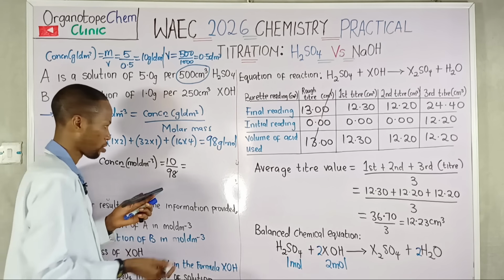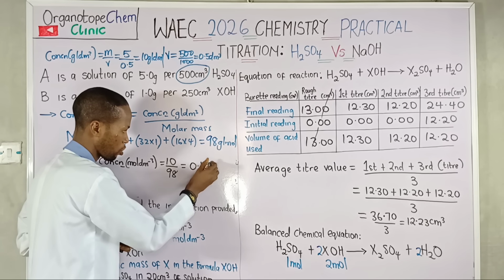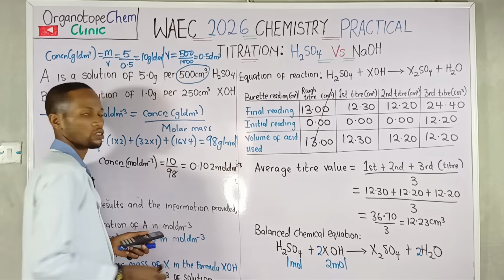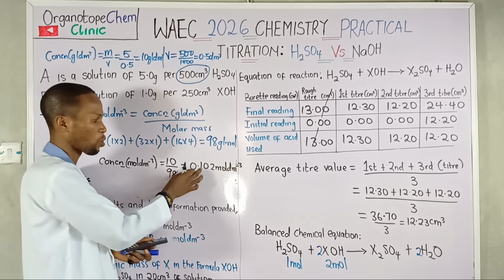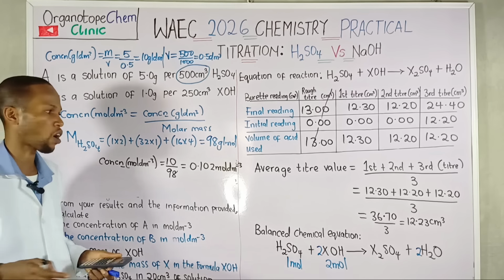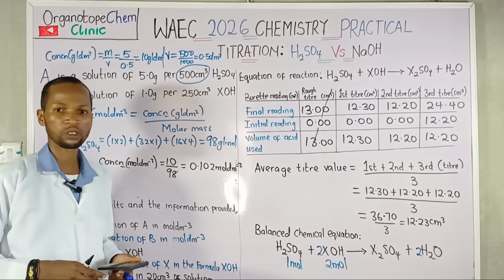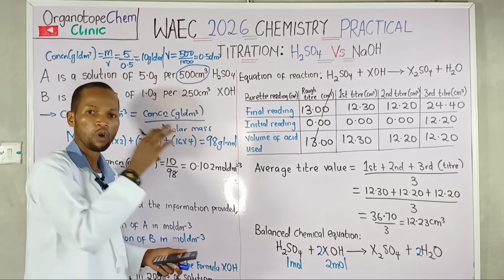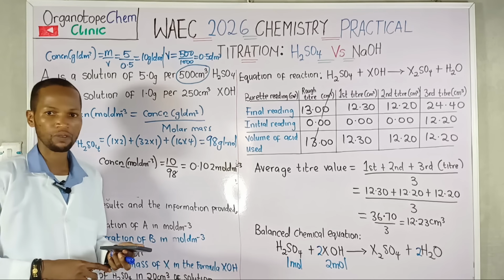We have 0.102 mole per dm cube. This implies that we have 0.102 mole of H₂SO₄ in 1 dm cube of the solution. Or I can equally say we have 0.102 mole in 1000 cm cube of the solution.